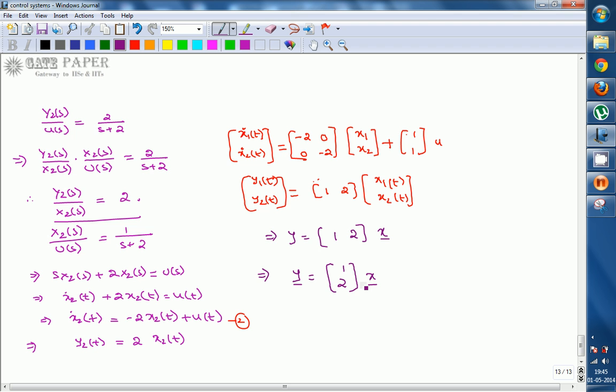So we can observe that the state equation is x dot bar equals minus 2 0, 0 minus 2 x bar plus 1 1 u, and y bar equals 1 2 x bar. So this is the answer we got here.